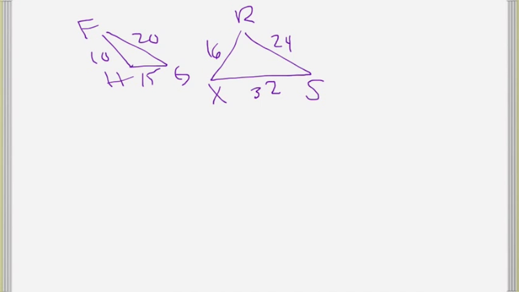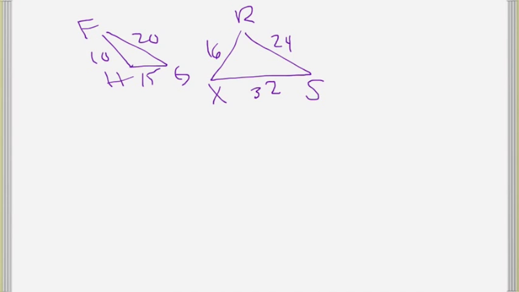If they are similar, we want to name them, and remember the order of the letters matters. The triangles aren't necessarily drawn in the same orientation, so we can't compare left to left, right to right, bottom to bottom, because they're not necessarily turned and flipped in the right directions. So we want to compare small to small, medium to medium, and big to big. That should work out no matter how the triangles are turned or flipped.